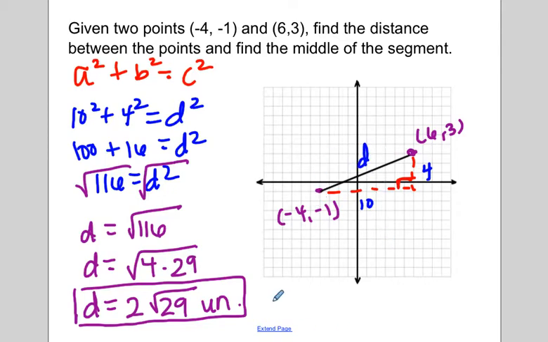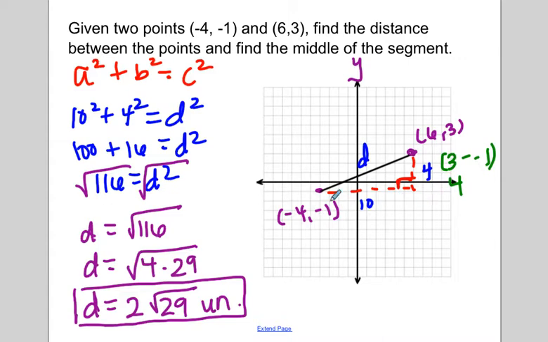The other way that you can do it is the distance formula, if I didn't want to draw this. Do you guys agree this is my y-axis? In order to get 4, really what we're doing is taking 3 minus my other y value, -1, which gives me 4. Then you plug it into your Pythagorean theorem and square it.